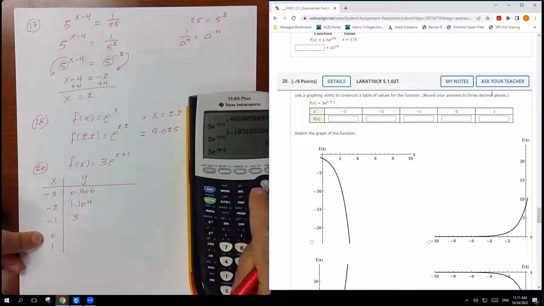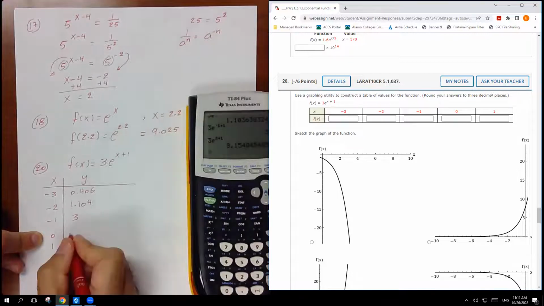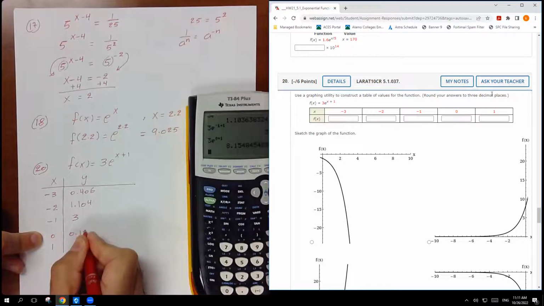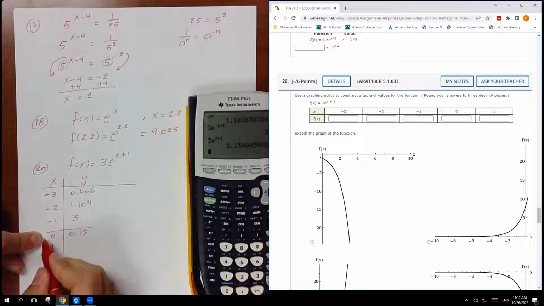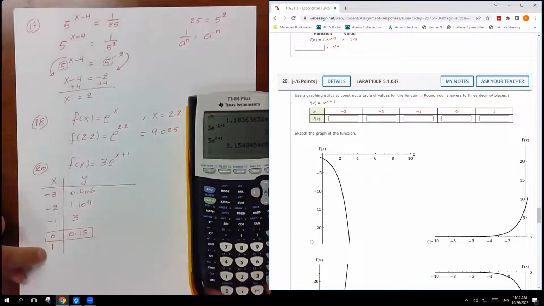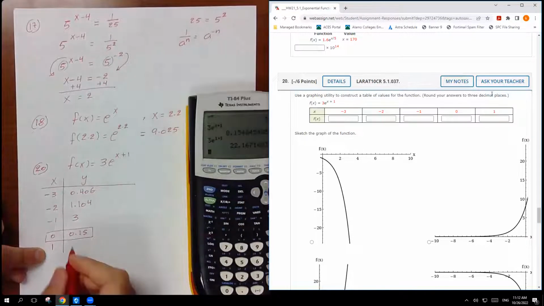So you have to delete this number. And the result is going to be 0.15. This is the y-intercept. Now at the point 1, so now instead of the 0, we're going to put 1. And the result is going to be 22.